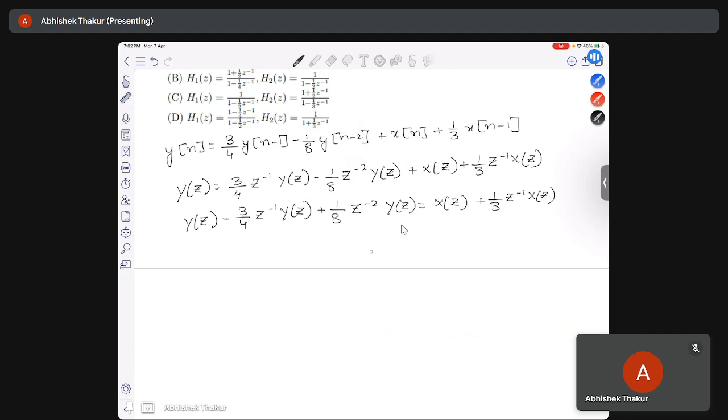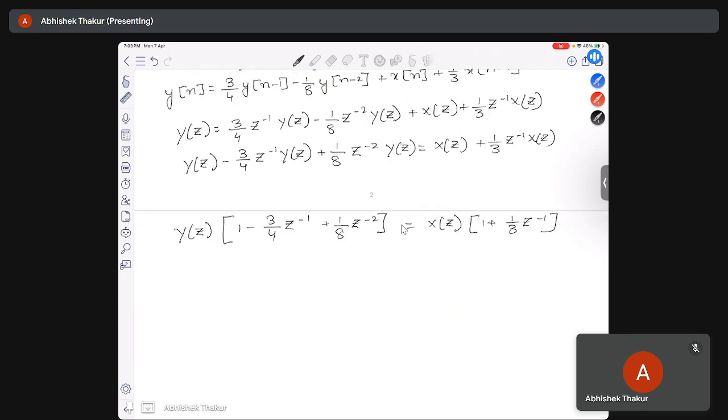Now we will take Y(z) common on the left-hand side. So we will get (1 - 3/4 z^-1 + 1/8 z^-2) Y(z) = (1 + 1/3 z^-1) X(z).